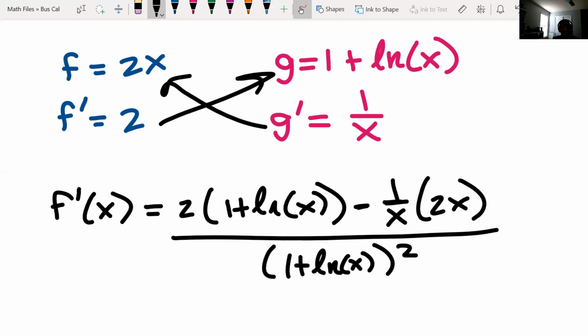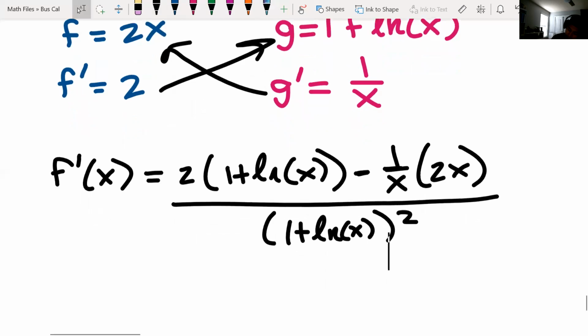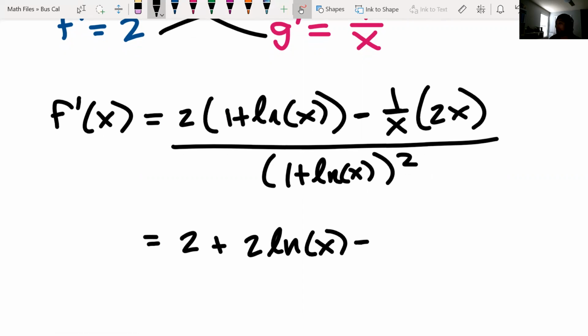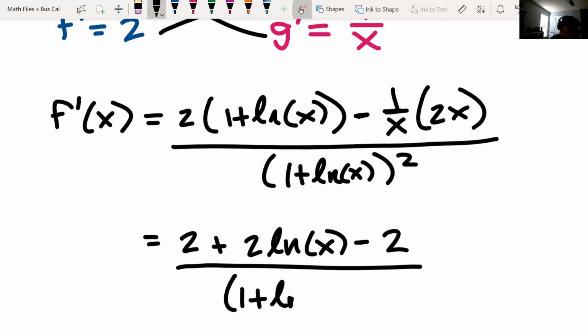Okay. Now all we have to do is clean up, and we'll get 2 plus 2 natural log x minus 1 over x times 2x is just 2, over 1 plus the natural log of x squared. Parentheses, sure.